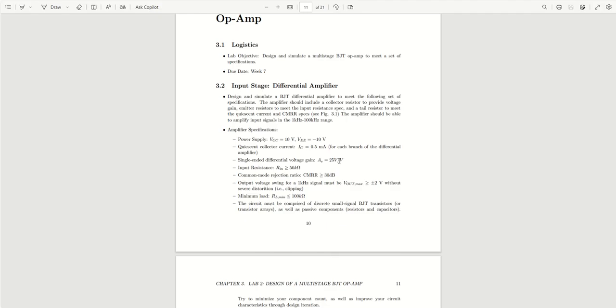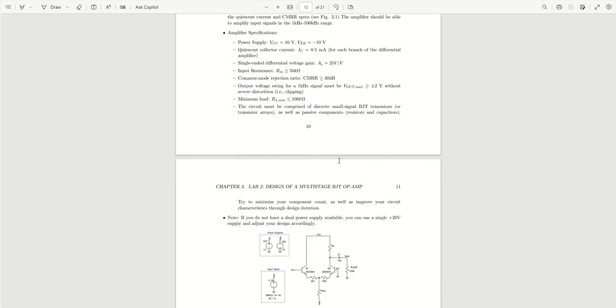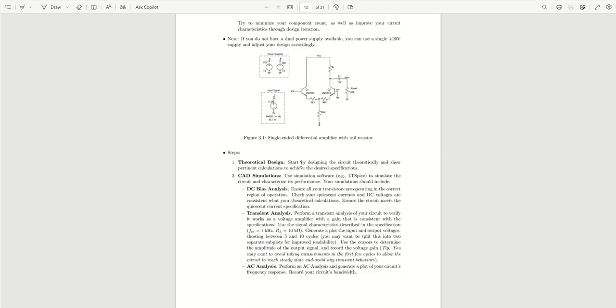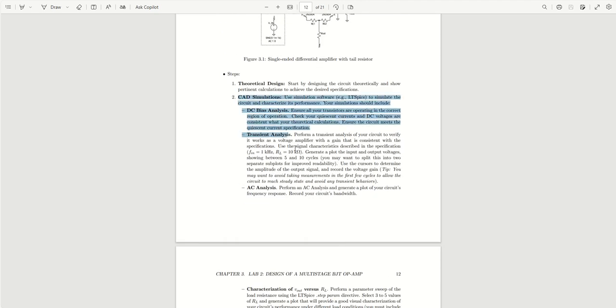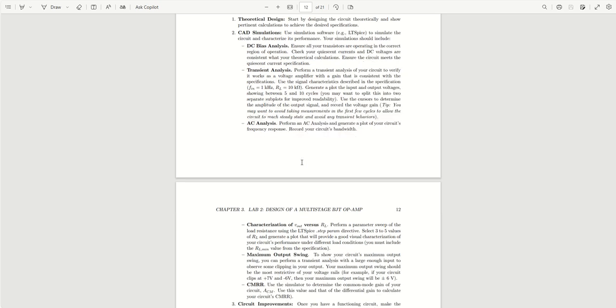So now you want to do all the CAD simulations for this, which I go over all of these in the Lab 1 videos. So if you need help with your transient analysis, here's a tip: you may want to avoid taking measurements in the first few cycles to allow the circuit to reach steady state.